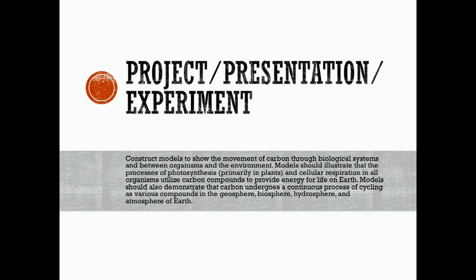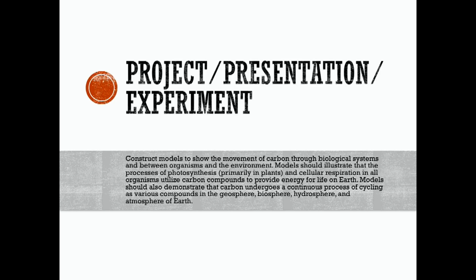Okay, after you feel like you have all these cycles down, you should be able to construct models to show the movement of carbon through biological systems and between organisms in the environment. Models should illustrate that the processes of photosynthesis, primarily in plants, and cellular respiration in all organisms utilize carbon compounds to provide energy for life on Earth.